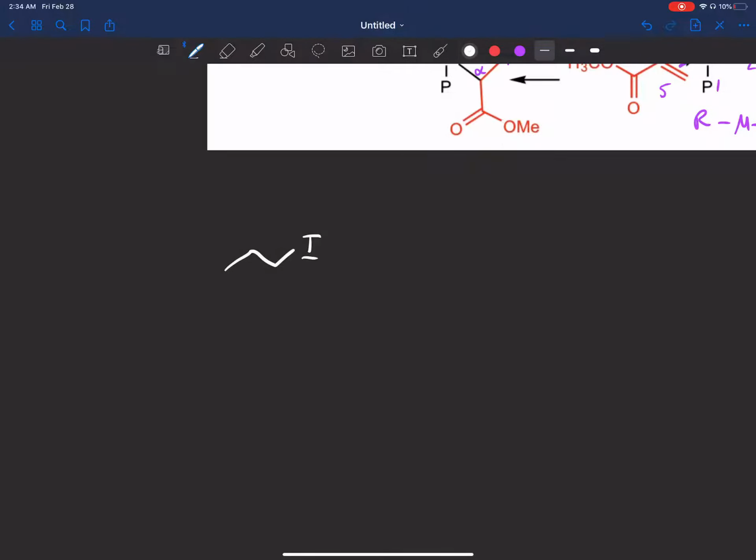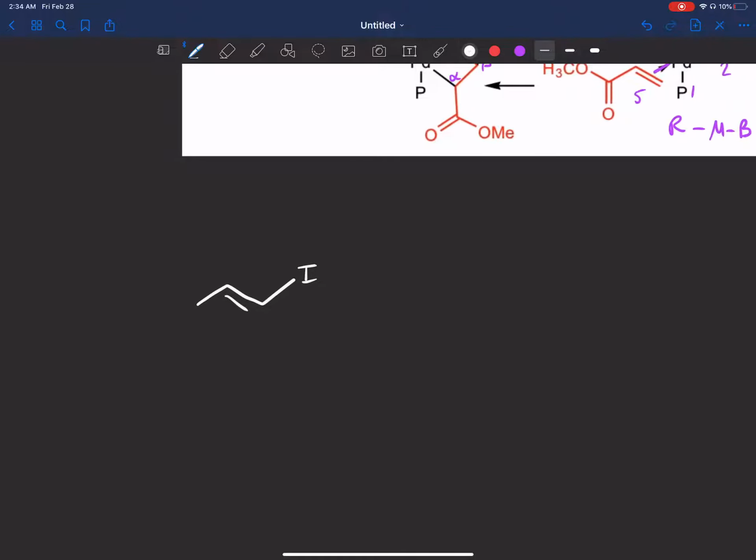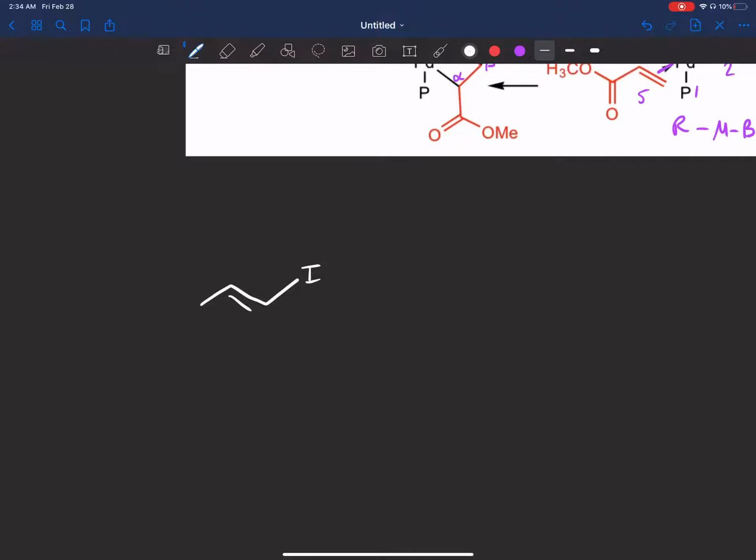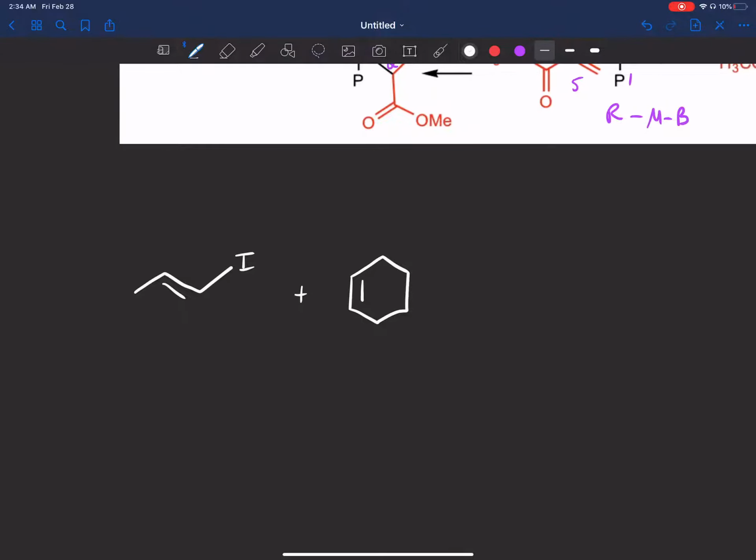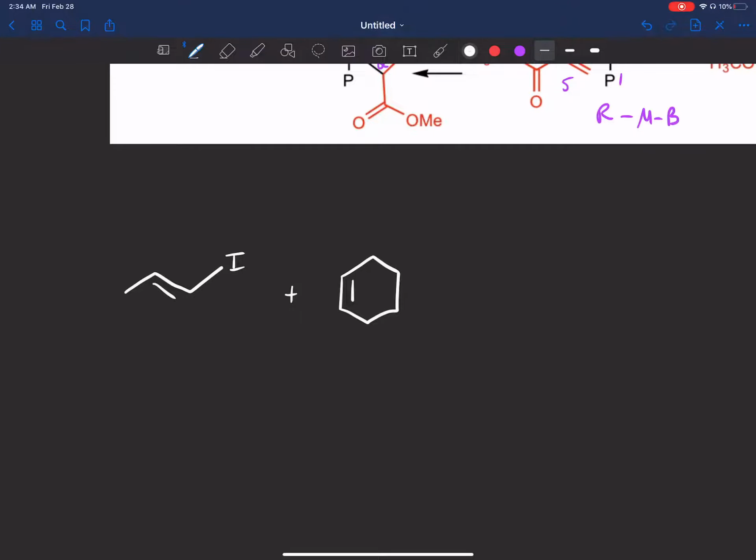So I have this iodine. It's going to be bound to this carbon chain, and let me redraw that a little bit better. The iodine is on a carbon of a double bond. It's a vinyl group plus my alkene. In this case, it's a cyclohexane, or cyclohexene, I guess.